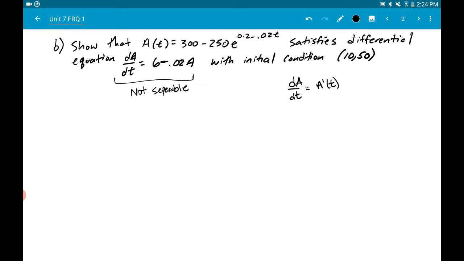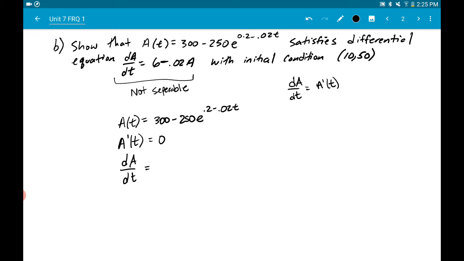So I took a little backwards approach on this, and I started with A of t, which is 300 minus 250 e to the 0.2 minus 0.02t. This was given to us. And I just took the derivative of this, because remember, that's the same as dA/dt.